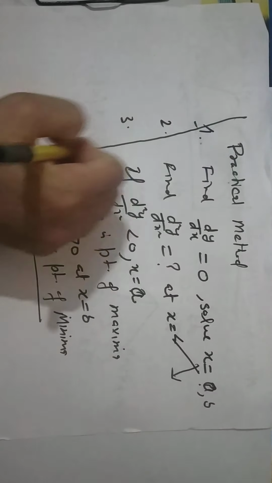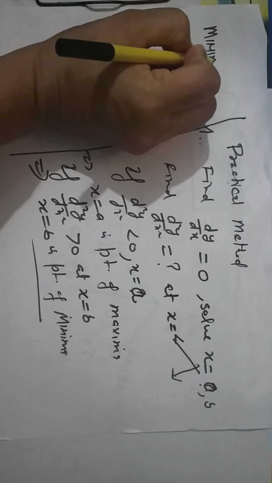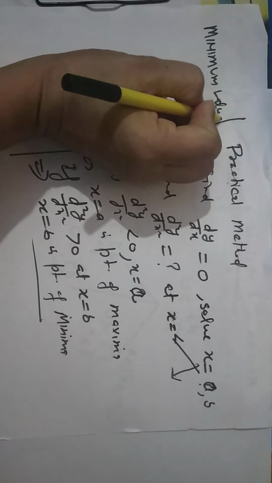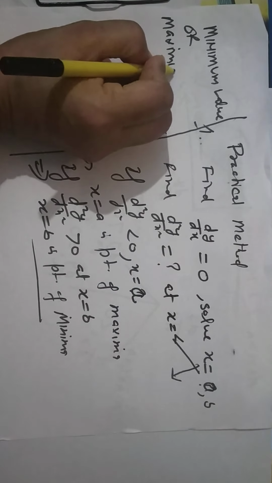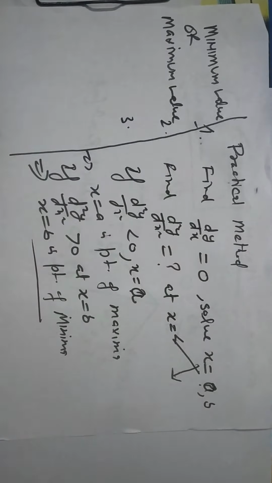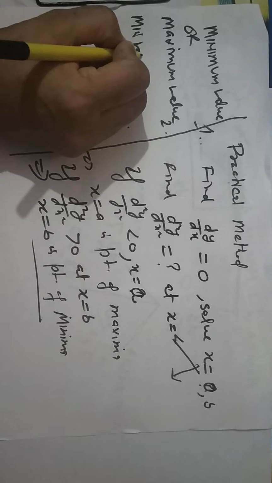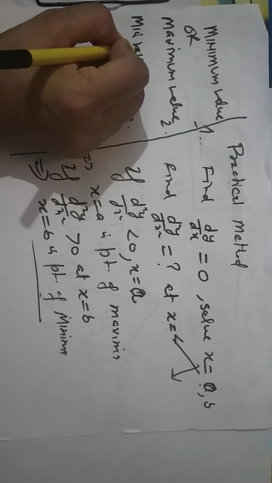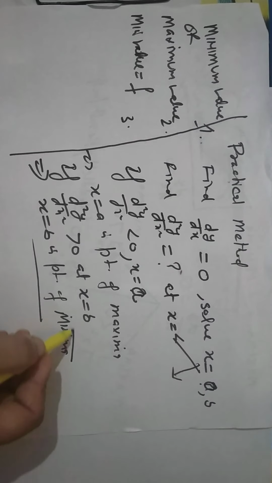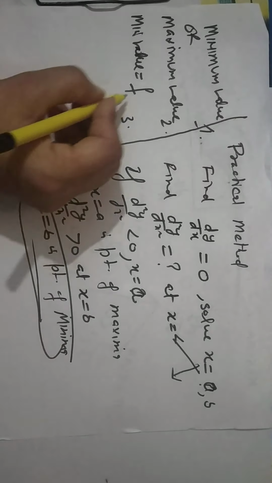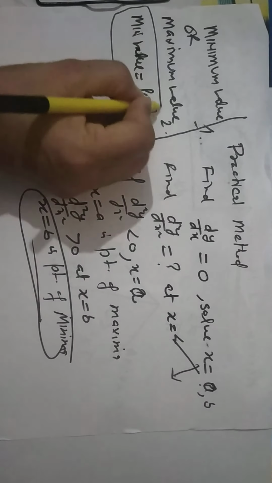Sometimes we are asked in the question to find the minimum value, or sometimes to find the maximum value of the function. So for the minimum value, you have to put the point of minima, say it is point P, in the given function, and you get the minimum value.